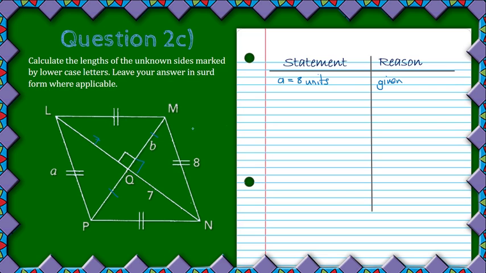So since this is in a right angle triangle, we've got our long side and we've got our other short side. So MQ, which is B, so MQ squared will then be, since it's one of the shorter sides, my longer side MN squared minus my other short side NQ squared. Theorem of Pythagoras.